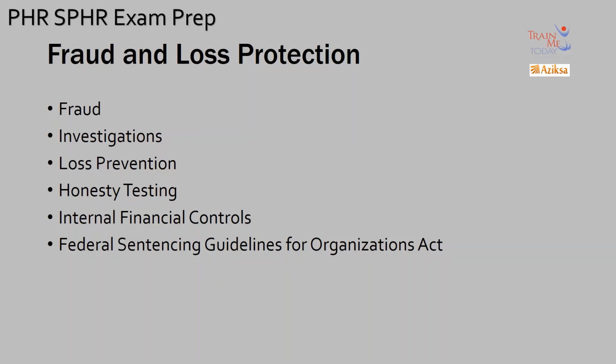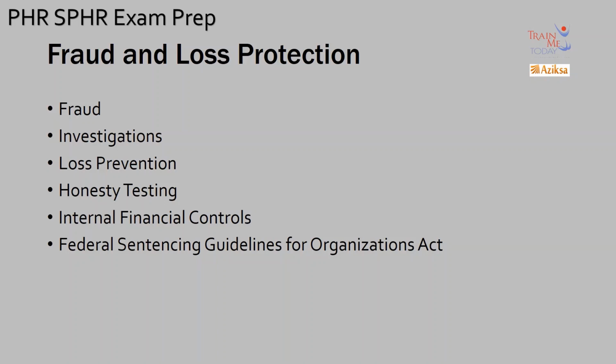One of the terms that you need to know is called loss prevention. In retail stores particularly, they measure their losses in terms of inventory shrinkage, which refers to the amount of inventory they actually have relative to what they should have based on the inventory they purchased and what has been sold. So we have something called honesty tests that can be provided to determine whether or not we are actually hiring people who are honest.